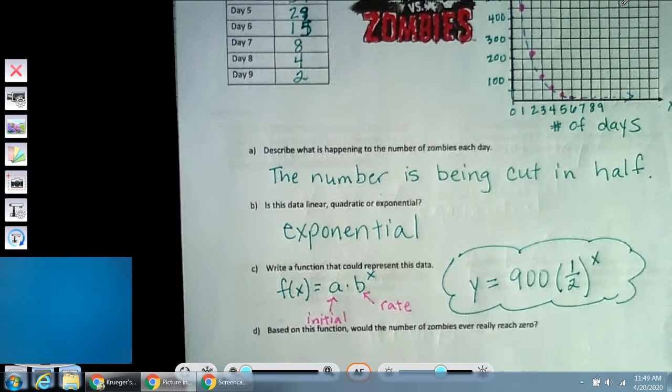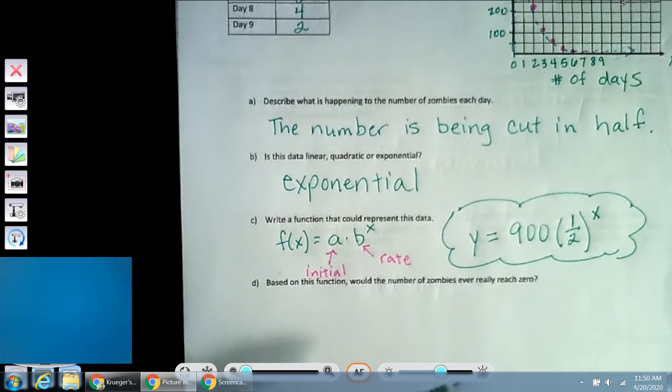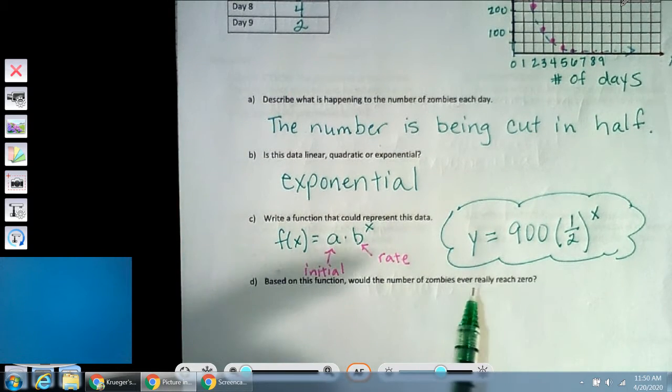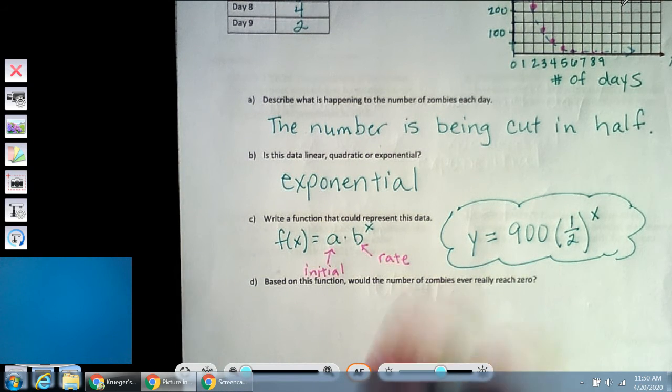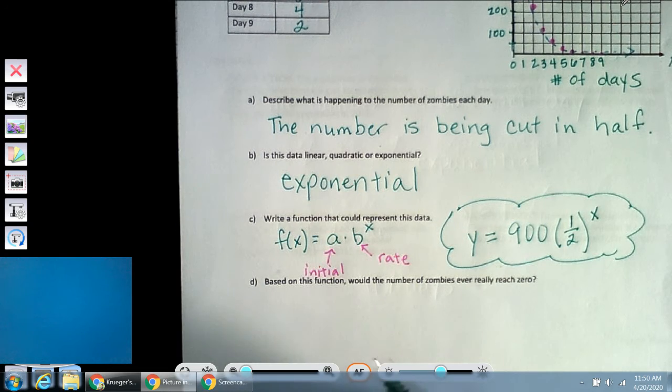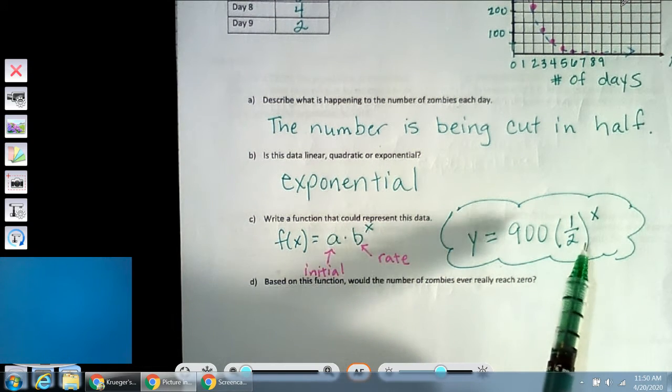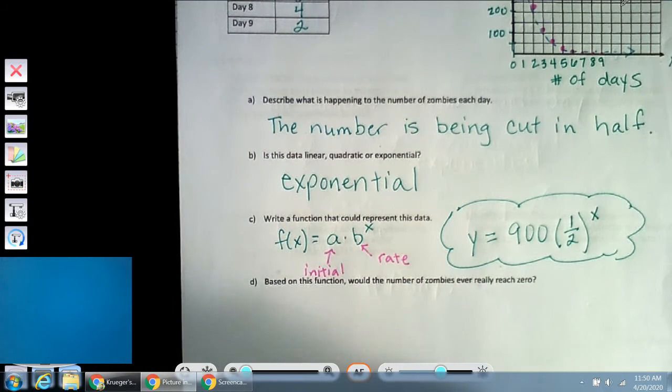Now, this one's kind of a tricky question at the end. Based on this function, would the number of zombies ever really reach 0? Now, technically, if there were actual zombies walking around, if you're killing zombies, you're going to kill them all. But what's happening is we're multiplying everything by 1/2, times 1/2, times 1/2.